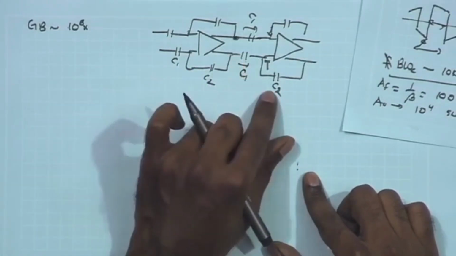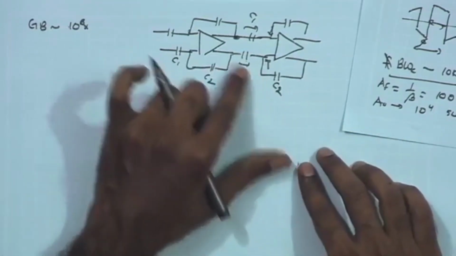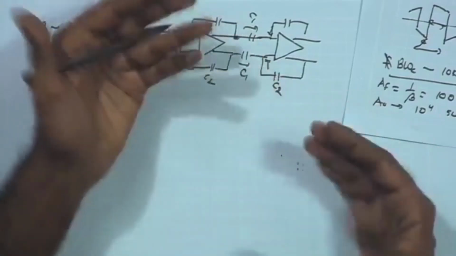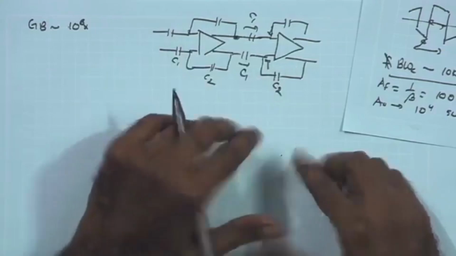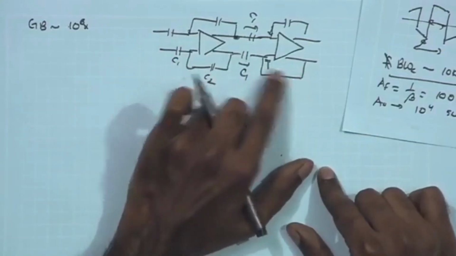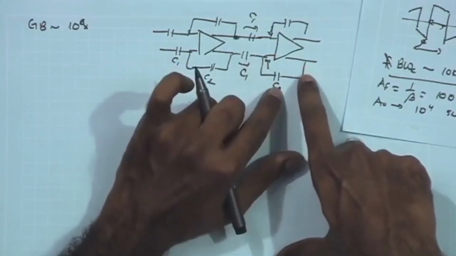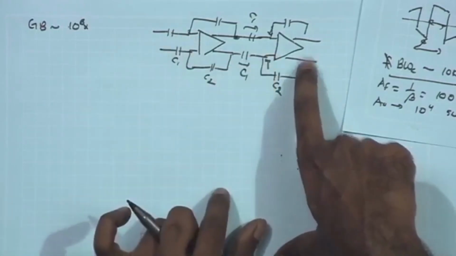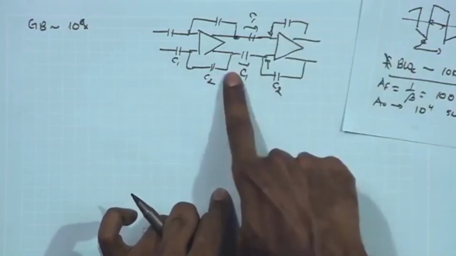And again, the value of C1 depends upon the value of C2 and the gain required. There, if you remember the discussion, overall gain 100 would mean a ratio of 100 between these two, and C2 minimum value will be determined by the parasitic capacitance of the amplifier. So if C2 is sufficiently large as compared to the parasitic capacitance of the transistors, then the gain will be relatively well defined by the ratio of C1 upon C2.